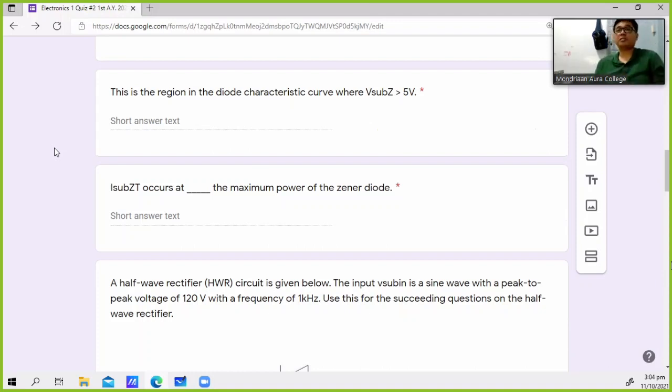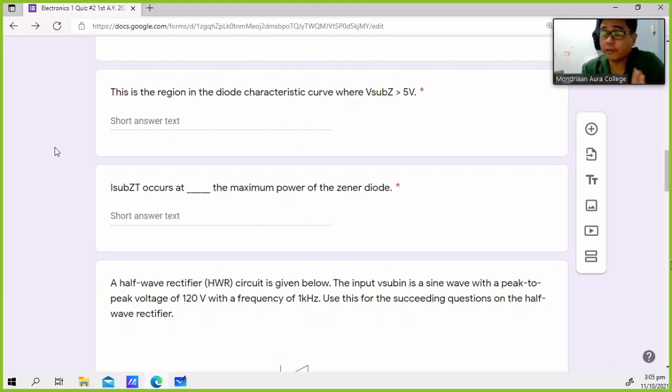So sa avalanche region, sa reverse bias region, meron tayong dalawang region, di ba? Yung avalanche and yung Zener region. Yung general na term sa kanilang dalawa ay tinatawag na reverse bias region, wherein nag-a-apply tayo ng negative potential sa anode with respect to the cathode. Okay. So ano lang to, kumbaga parang specific terminologies, no?